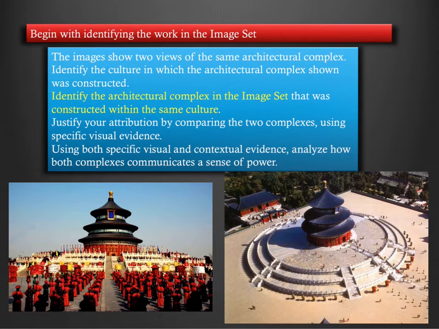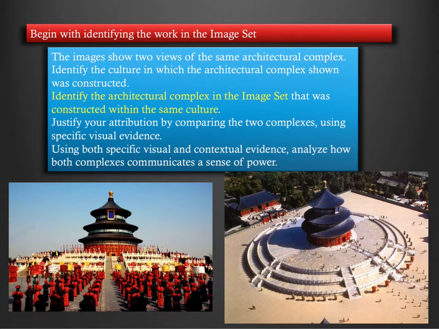So we talked about the roof tiles, we talked about the geometry and the structure of the buildings. Now we're being asked to use both specific visual and contextual evidence to analyze how they communicate a sense of power. So we've described what they look like. Now we're going to tell what that means to people who view it. Okay, so what do you think?